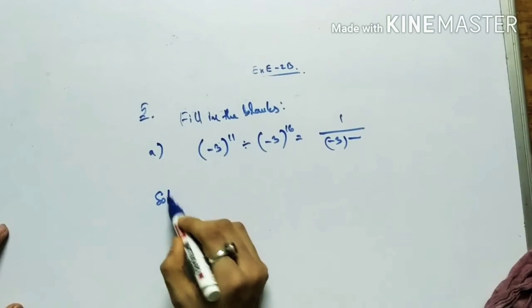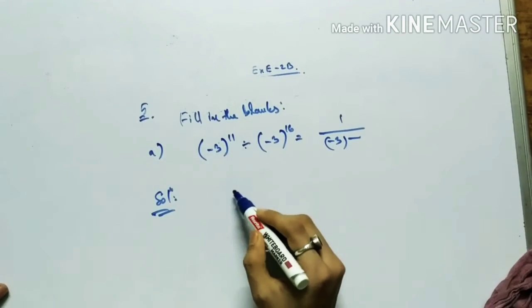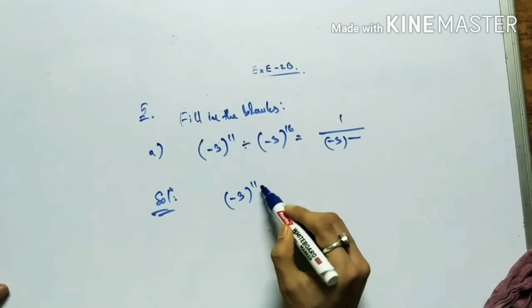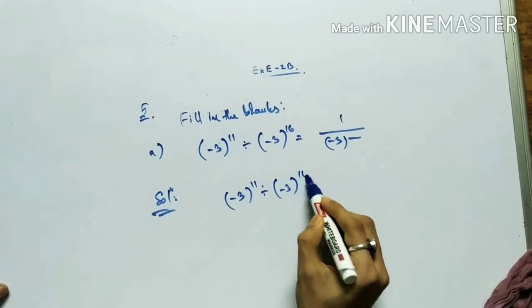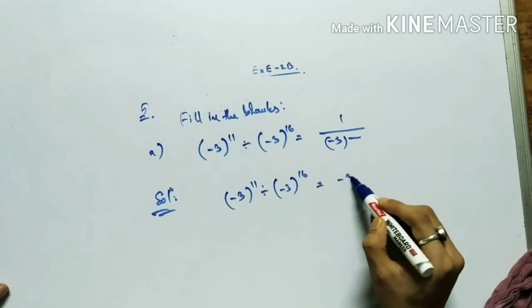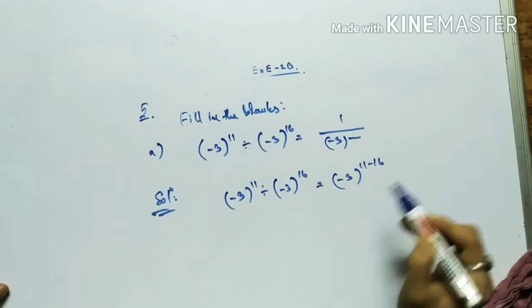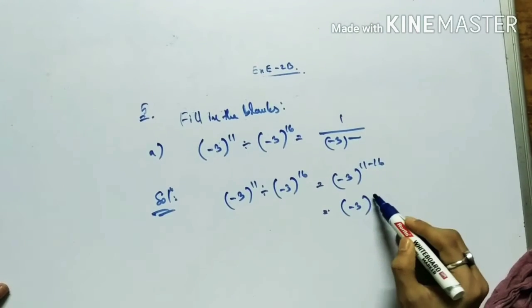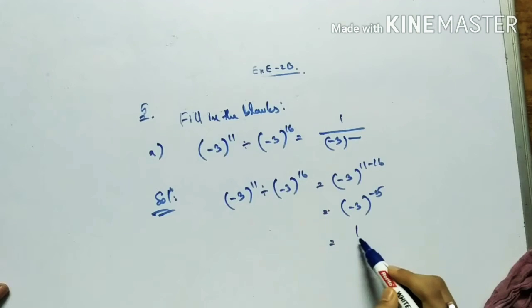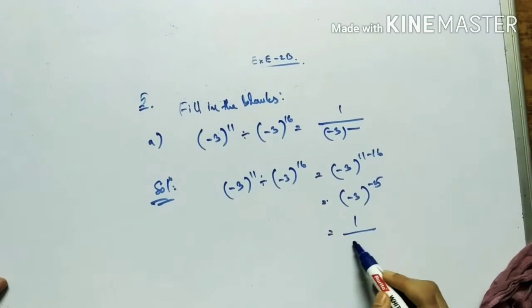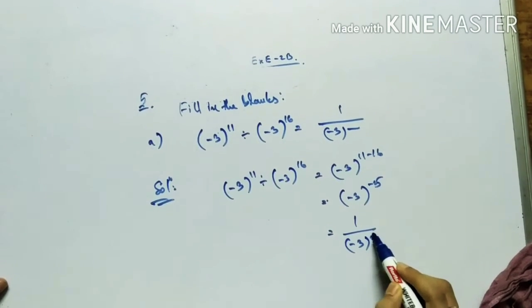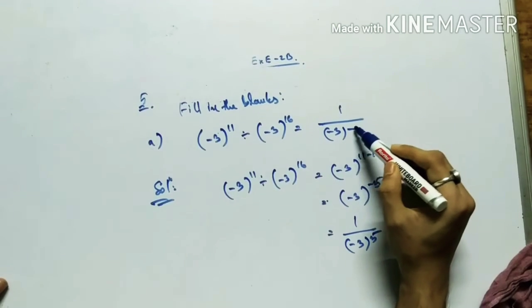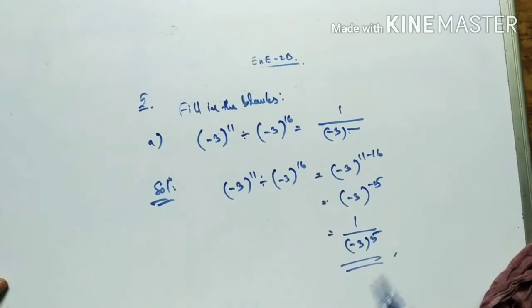So minus 3 to the power 11 divided by minus 3 to the power 16 becomes minus 3 to the power 11 minus 16. So this is minus 3 to the power minus 5, which becomes 1 by minus 3 to the power 5. So in the fill in the blanks, 5 will come.